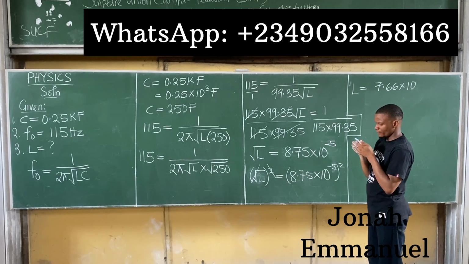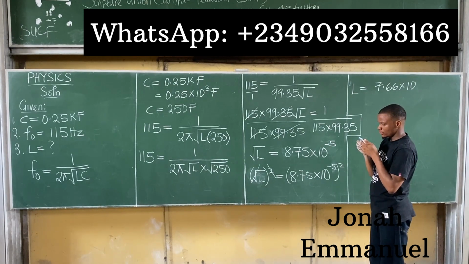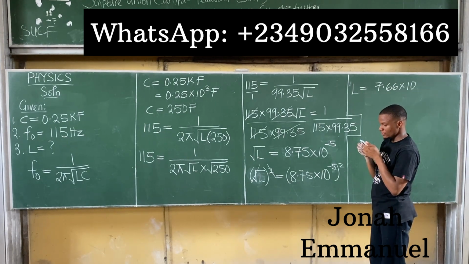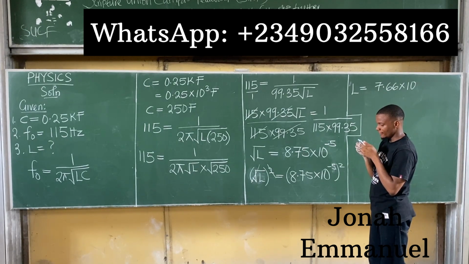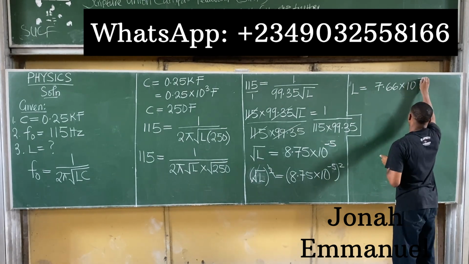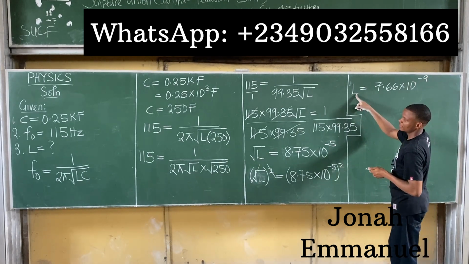Let's say this gives you 1, 2, 3, 4, 5, 6, 7, 8, 9. So 10 to the power minus 9. This is inductance.